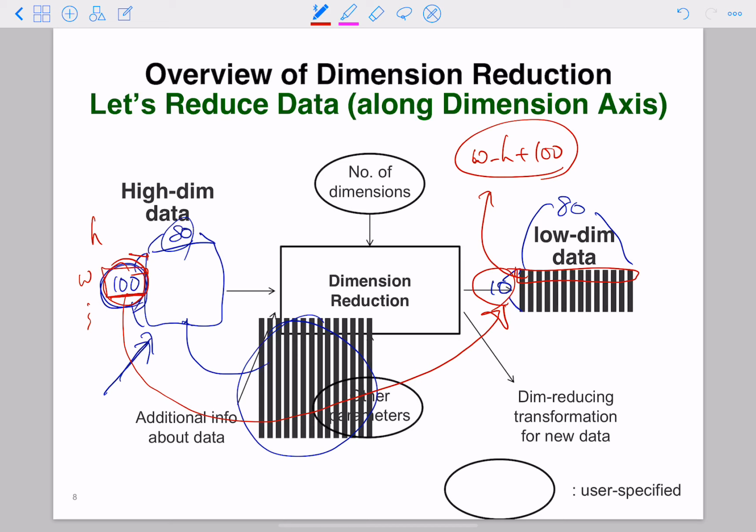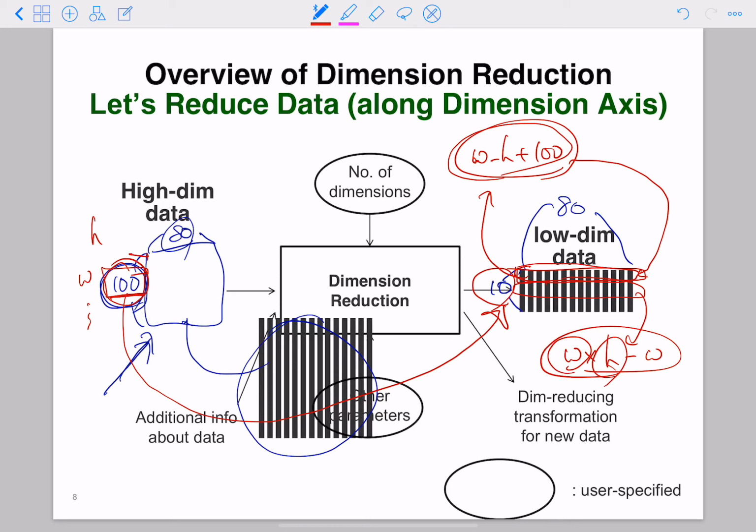In this case it's the degree of overweightedness, right? So suppose this is the definition of the first dimension. Definitely this first dimension involves multiple original dimensions. Similarly, the second dimension is represented as maybe weight times height minus weight, for example. So it has its own representation that involves multiple original dimensions.